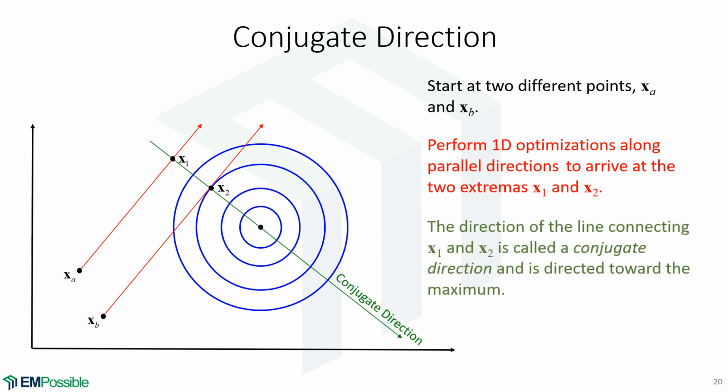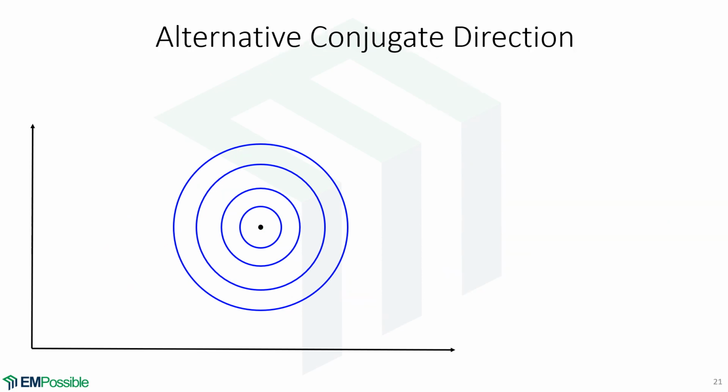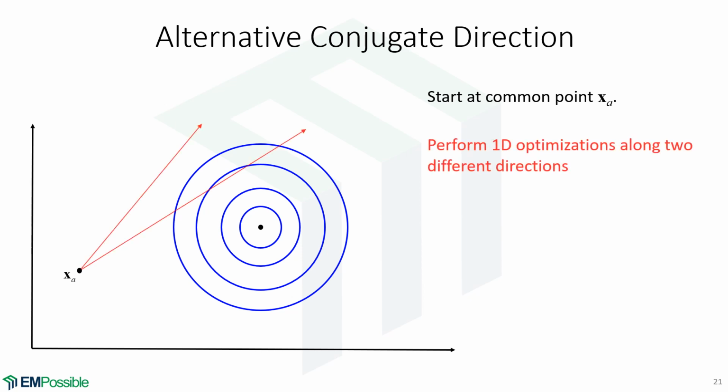If we draw a line that connects X1 to X2 and we keep going, that is called a conjugate direction. And that conjugate direction is directed towards the extrema, the maximum or minimum. Here's an alternate way to define a conjugate direction. Here we start with a single point, and we do one-dimensional optimizations in 2 different directions from the same starting point.